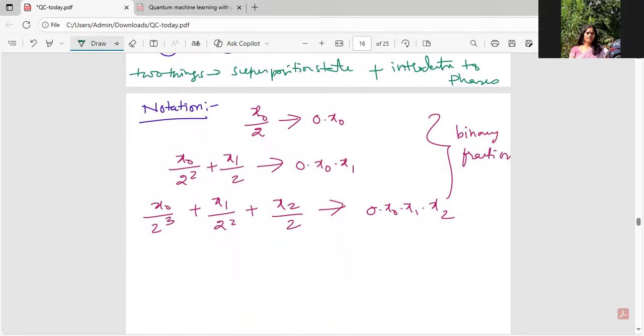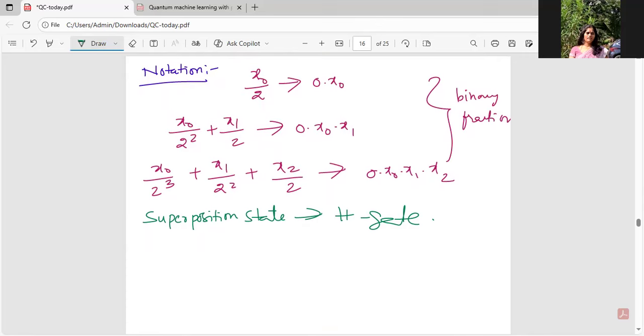For superposition states, guys, always remember, I'll be needing the Hadamard gate, the H gate. Now for the phases, what will I be needing? It's obvious, na? I'll be needing the phase shift gate.